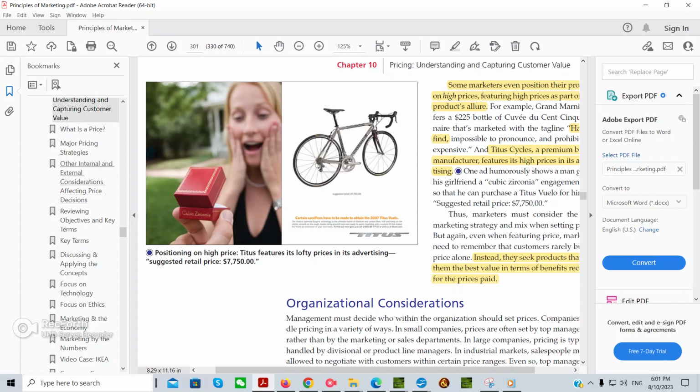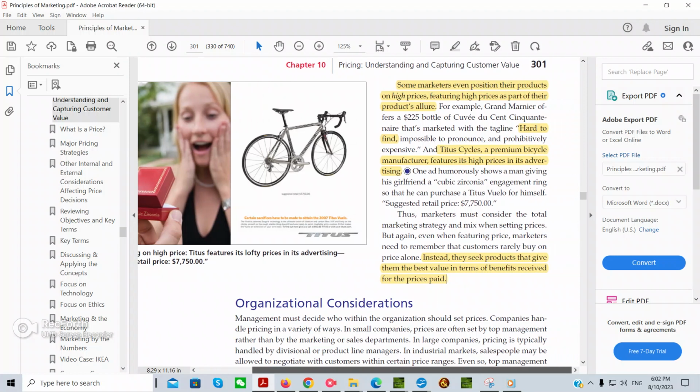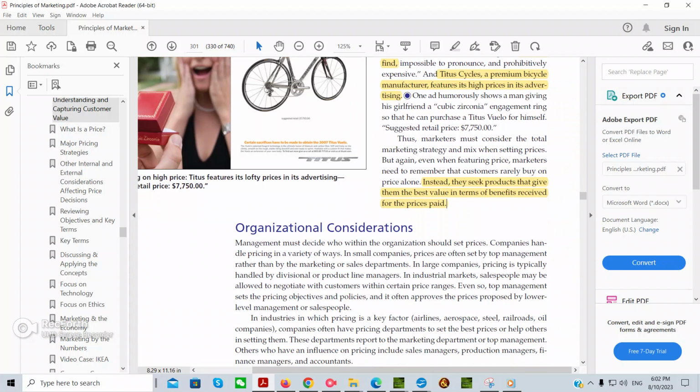Well, it's probably made of the most expensive materials, and it probably has prestige. So it's not just that they're selling a bicycle, but they're selling prestige. You understand? That's what it is.